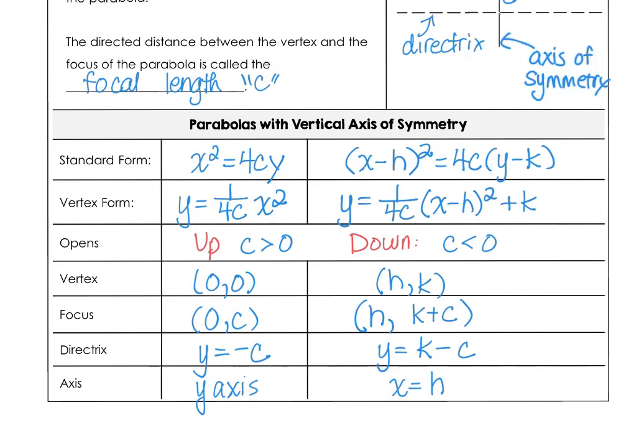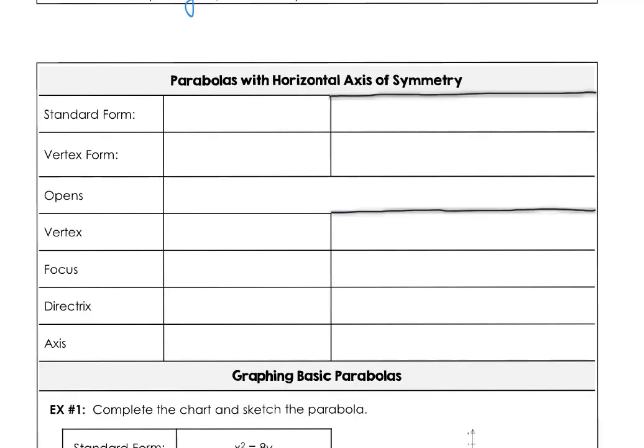If the parabola is rotated on the y-axis, then our function would be y squared equals 4cx, and solving for vertex form, we would have x is 1 over 4c times y squared.